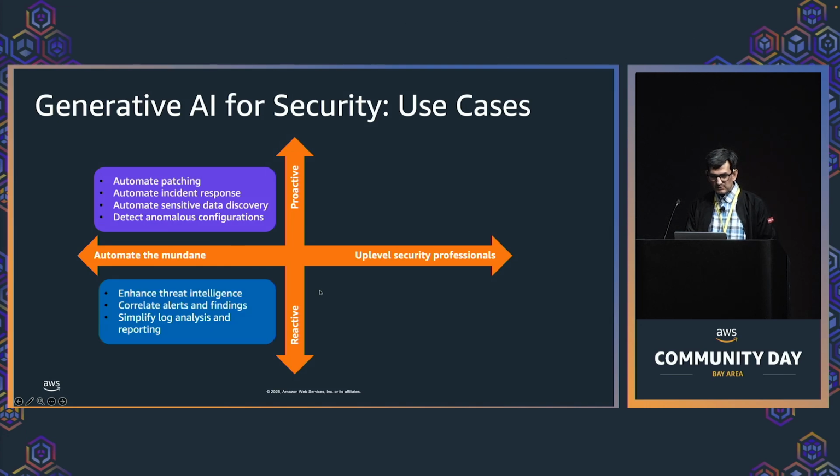The next thing I have here is enhancing threat detection. By analyzing user and entity behaviors, Gen AI can identify anomalies indicative of potential threats, improving the efficiency of the security event management and posture management systems that we are using.